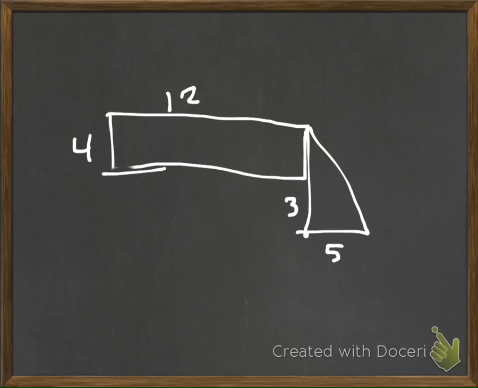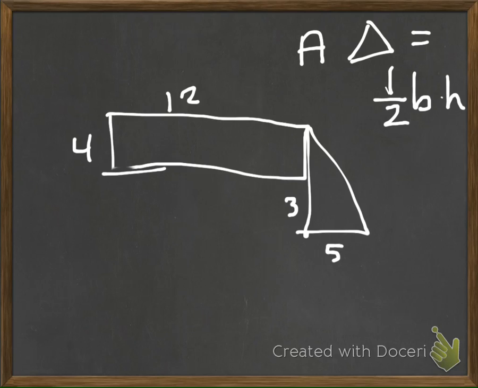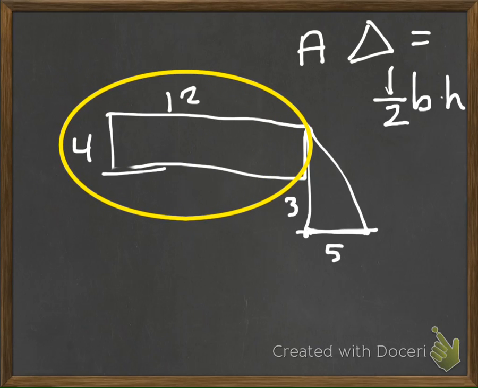Okay? The one thing that we have not mentioned is area of a triangle. Area of a triangle equals half base times height. Okay? Height is obviously the height of the triangle. Base is just the bottom. Okay? So, when we look at this shape, right here, we can already figure out our area is 4 times 12, which is 48.